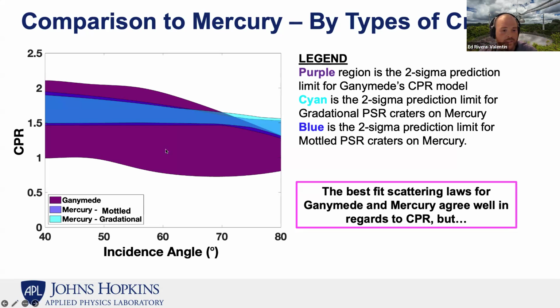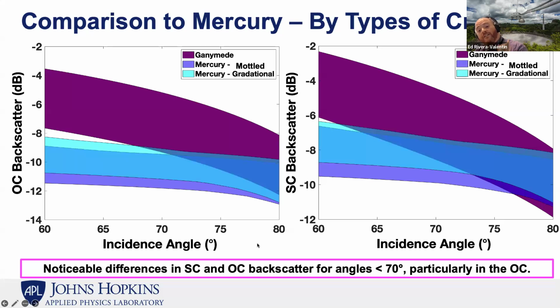So I'm going to separate them out here. If you look at something in CPR, these all look the same. Yay. But I've been saying CPR alone might not be a really good metric. So let's break it down like Anne and Sriram taught us into SC and OC and look for differences. If you do that, there exist differences.